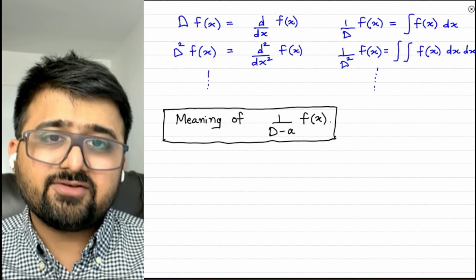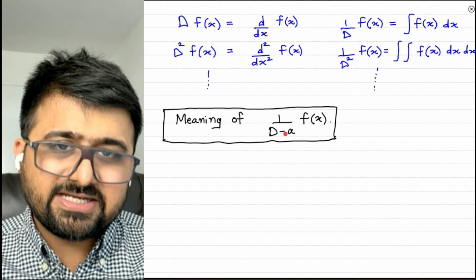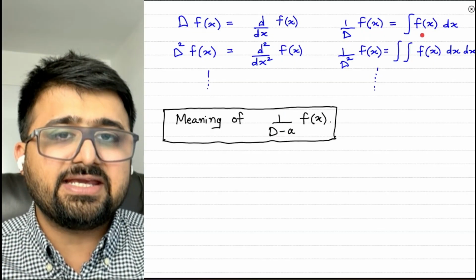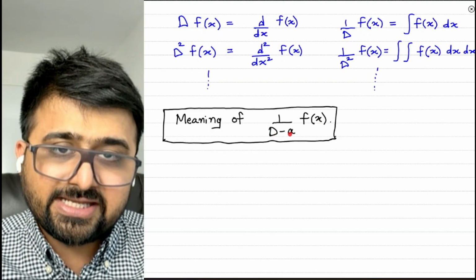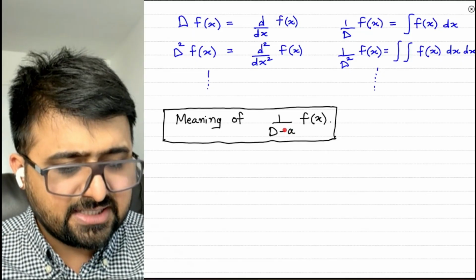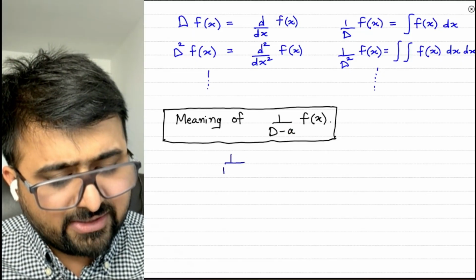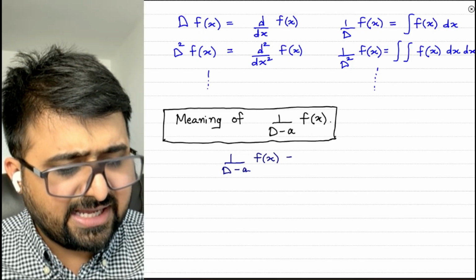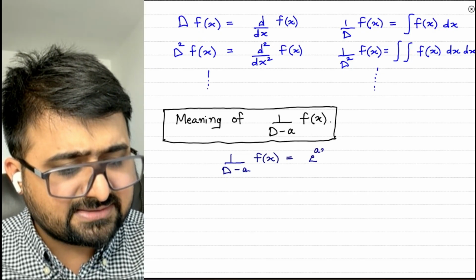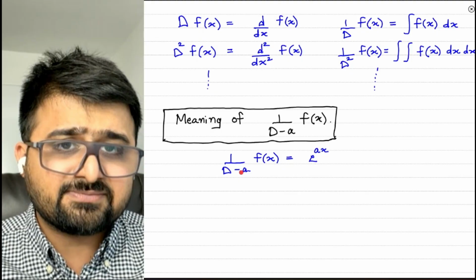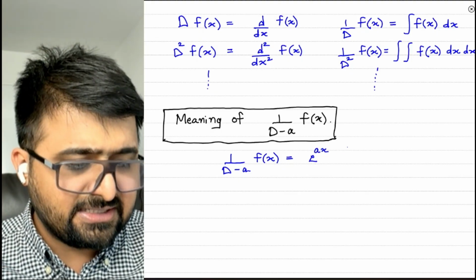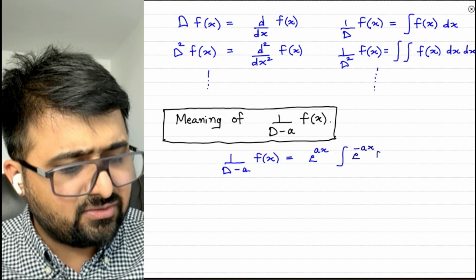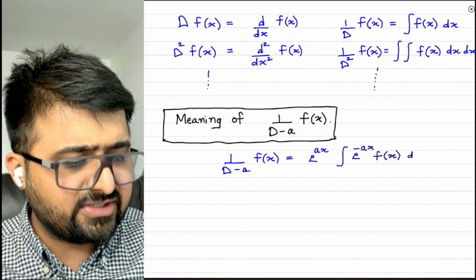There is another operator which is very important to understand, which is 1 upon D minus a of f(x). Remember, 1 upon D of f(x) is nothing but the integral of f(x). So even 1 upon D minus a has to be an integral of f(x). It is defined as e to the power ax, integral of e to the power minus ax into f(x) dx.